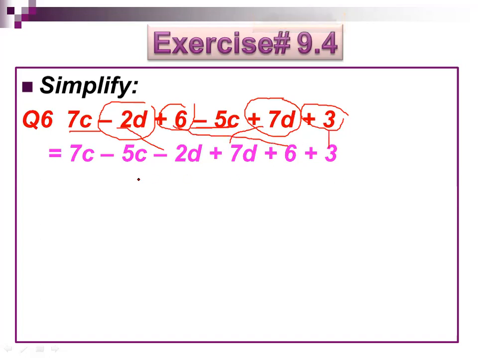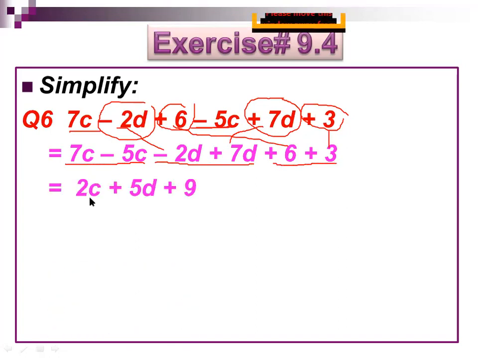Now what you are going to do, you are going to subtract this term, and you are going to add this term. So 7c minus 5c will become 2c. Minus plus is minus, so subtract 2 from 7, it will become 5d.